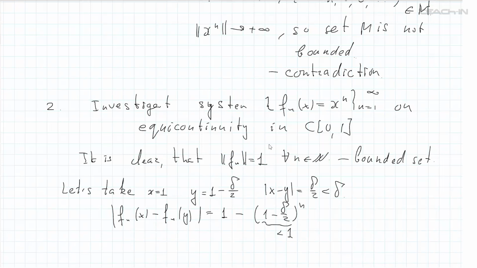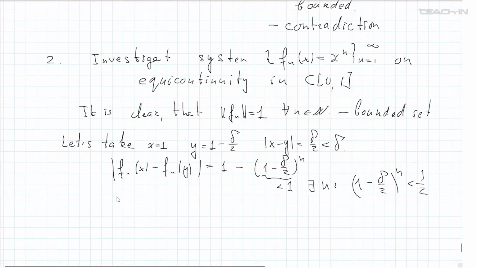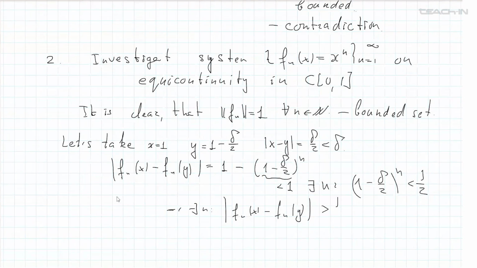So we can say that there exists n such that (1 minus delta over 2)^n is less than 1 over 2. Then we immediately obtain that there exists n such that |f_n(x) minus f_n(y)| is not less than 1/2. And we have a contradiction with equicontinuity. That's all.